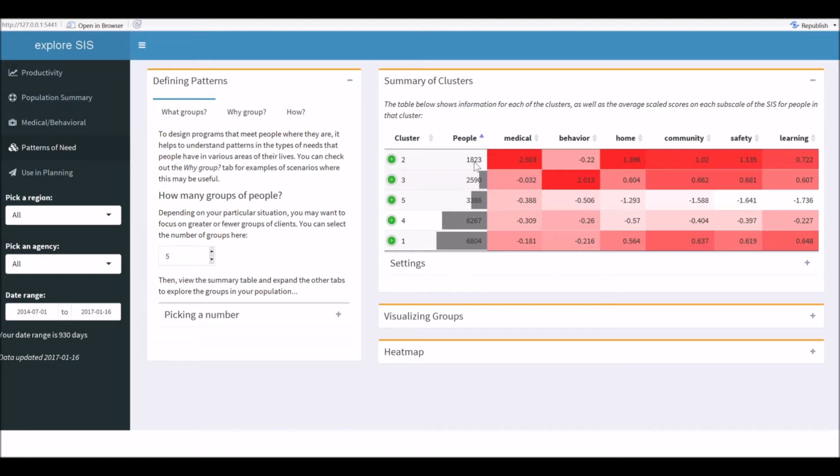So that is the summary of these clusters, and what we've been able to do then is to say, all right, we have these two smaller populations with high medical and high behavioral needs. And then we have another relatively small population with pretty low support needs. But then these other larger groups would be in the middle of that distribution, most likely.